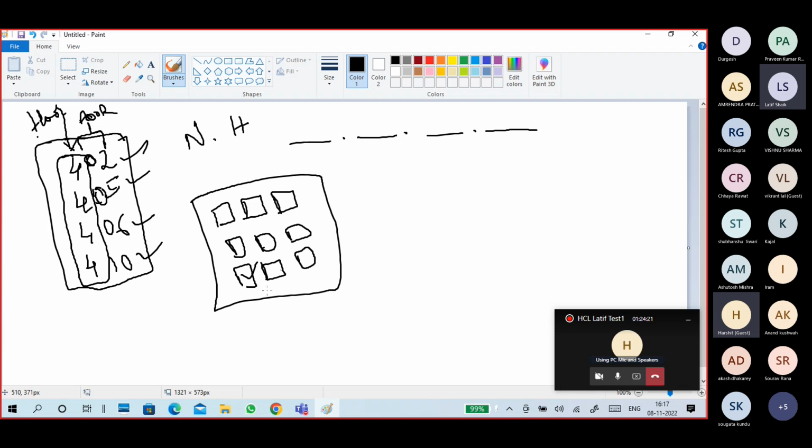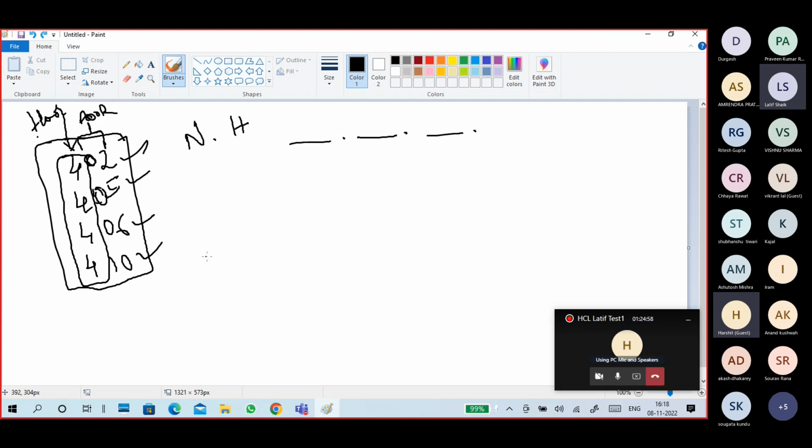To make it communicate, you have to correct the IP address. That's it. For that purpose, you don't use a router or a switch or something. Suppose I am writing a sequence and suddenly I write 503 here instead of 403, for example. What to do? You have to correct it. Make it 403, right? So the same thing I'm trying to say.